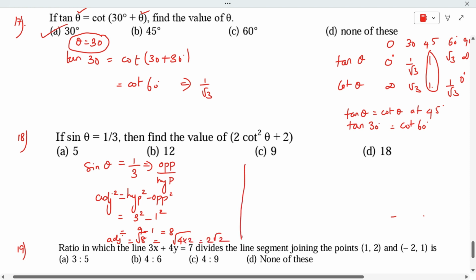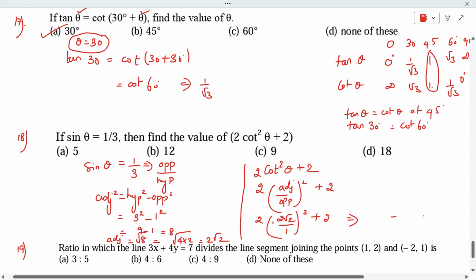After finding the adjacent, I need to find the value of 2 cot square theta plus 2. Cot is adjacent by opposite, and the whole thing is squared because it is cot square. Adjacent is 2 root 2, opposite is 1, the whole square, plus 2.